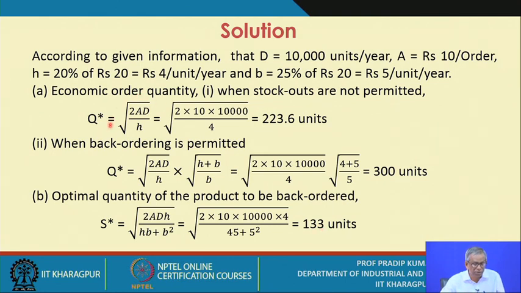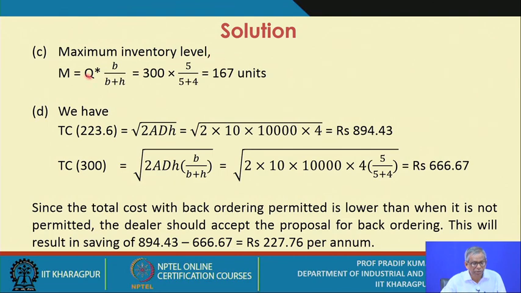So this is basically the economic order quantity, right? When there is no back ordering, so that is the Q star. Whereas when back ordering is permitted, what is the expression for Q star and what is the expression for S star? So maximum inventory level, you can calculate the maximum inventory level, that is Q star minus S star.